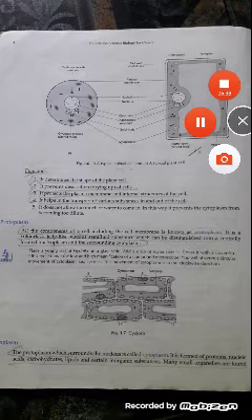Under that discussion, let us first explain the endoplasmic reticulum. In short, we write capital ER. E stands for endoplasmic, R stands for reticulum.